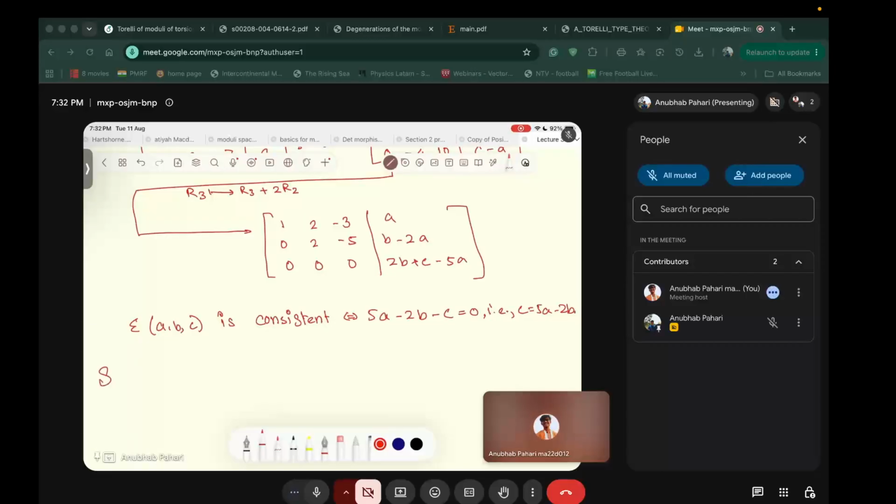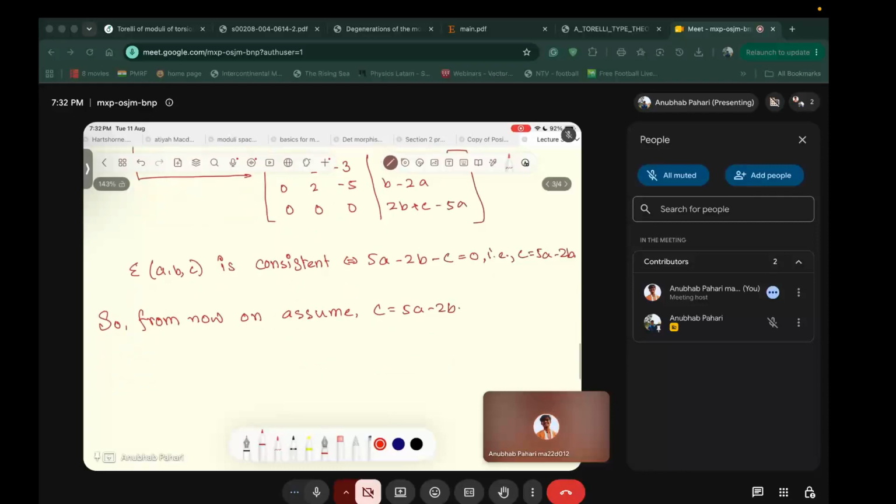So from now on, assume C equals 5A minus 2B. Now we'll try to solve two cases. First, when the characteristic of K is not equal to 2.